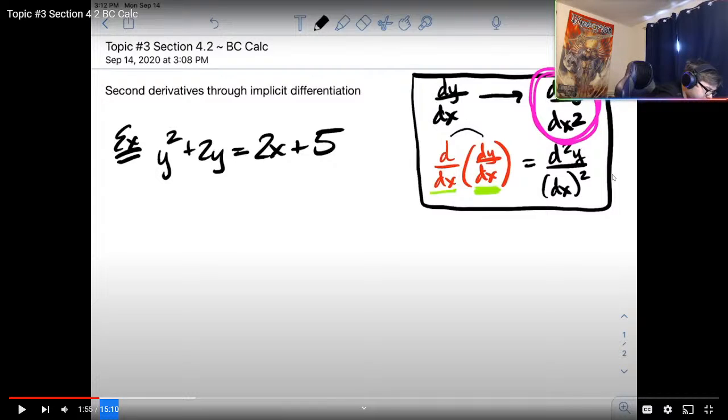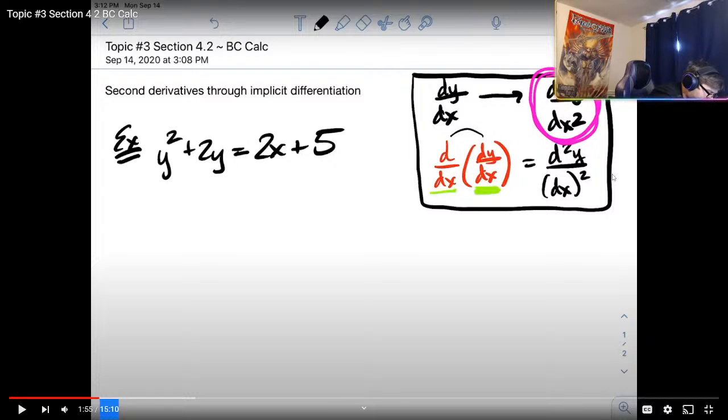So it'd be 2y dy dx plus 2 dy dx is equal to 2. And then you would get dy dx out of there, so we would get dy dx in parentheses of 2y plus 2 is equal to 2.